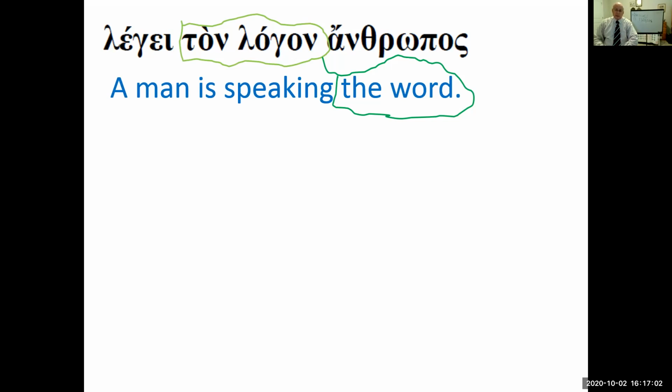It does more than that, but that's one thing it does. So the man is speaking not a word, but the word. But notice a man: there's no article with anthropos. Not ho anthropos, the man, but anthropos, a man.